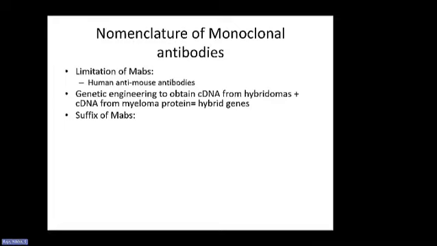Based on what part of the monoclonal antibodies is from human and what part comes from mice, there are different names or suffixes to the monoclonal antibodies so that you know which type of antibody you are talking about. If it's a murine antibody, so completely coming from mouse, does anyone know what's the suffix used?